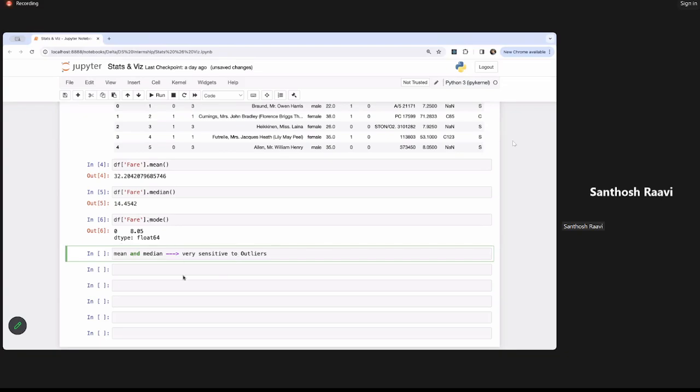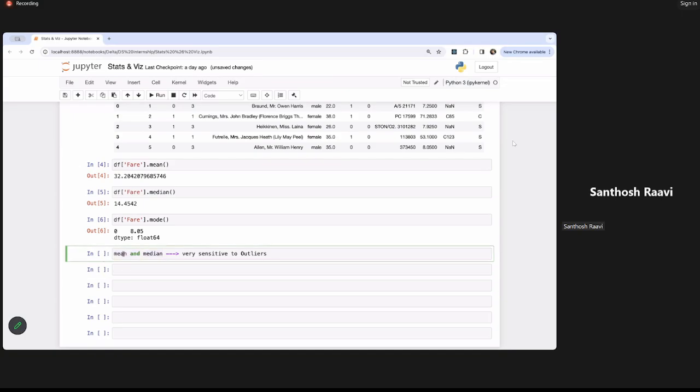Why? Because the outliers are very few, but mode is calculating the most frequent value, the most occurred value. Okay, that's the thing. And mean and median, always remember that they are very sensitive to outliers.